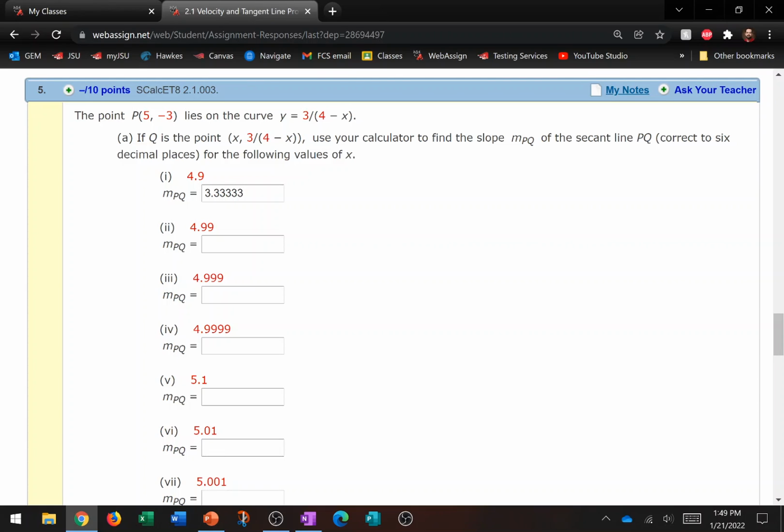So I think we do one of these. So let's get it set up. And then we're looking for the slope of the secant line there. So one of the points is 5, -3 on mine. Your number is probably different.